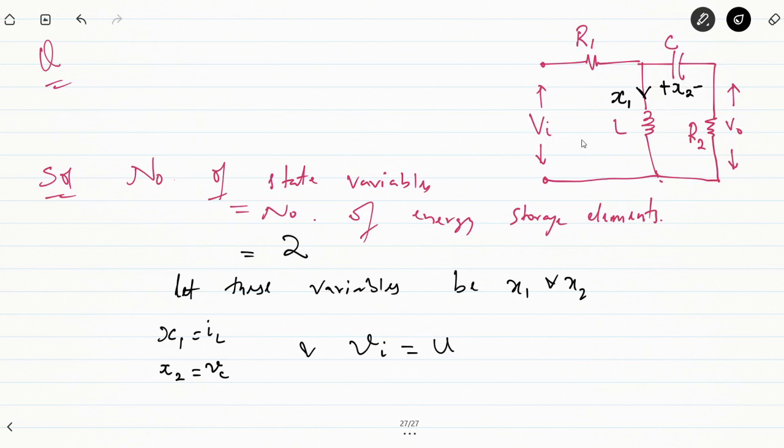Now applying KVL, if this is loop 1 and this is loop 2, once you apply KVL in loop 1, you will get Vi, or you can say U is equal to current flowing through here, that be I1, into R1 plus L dx1 by dt.